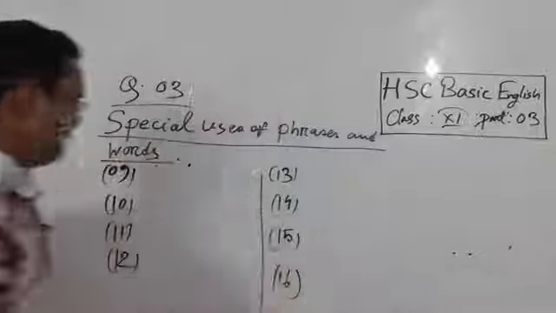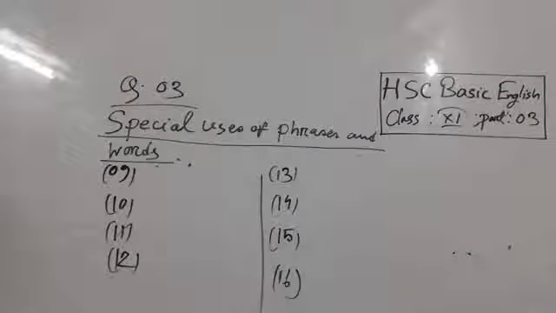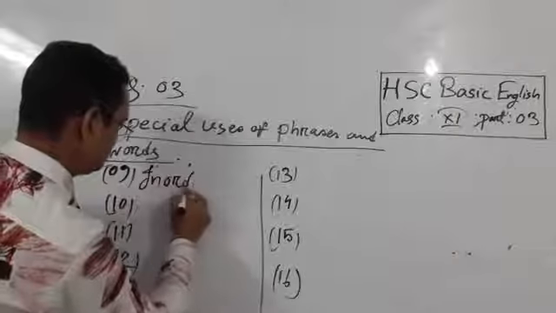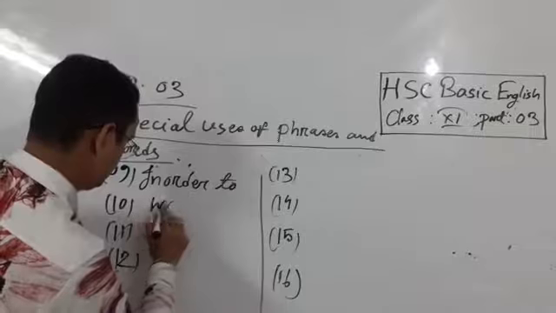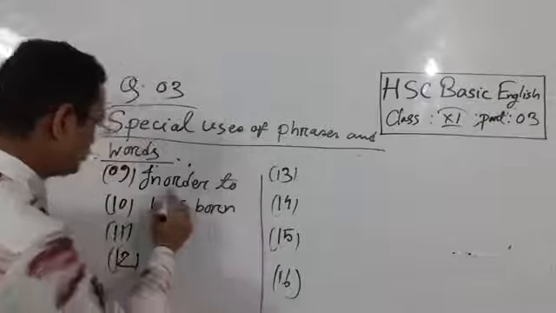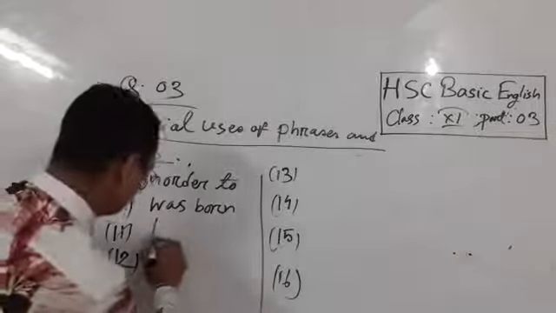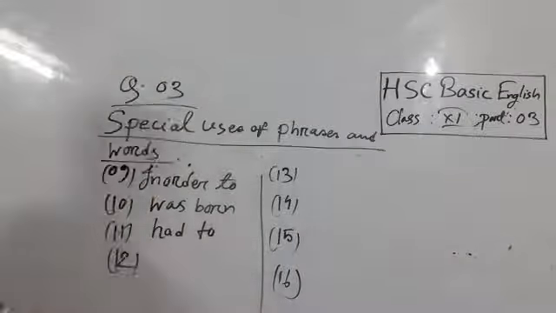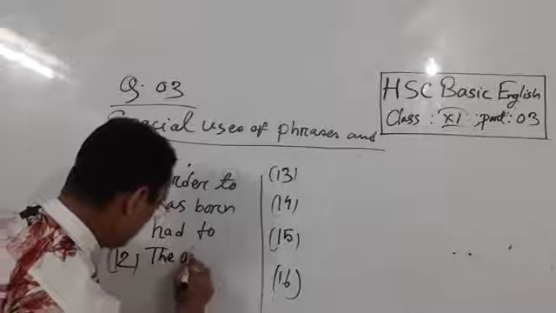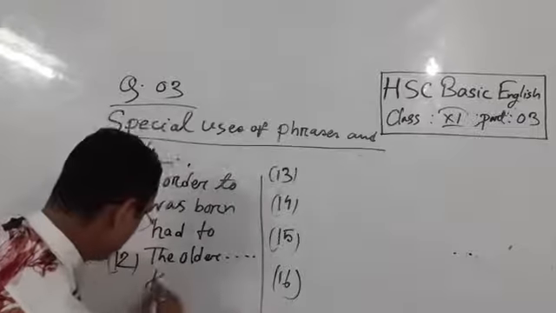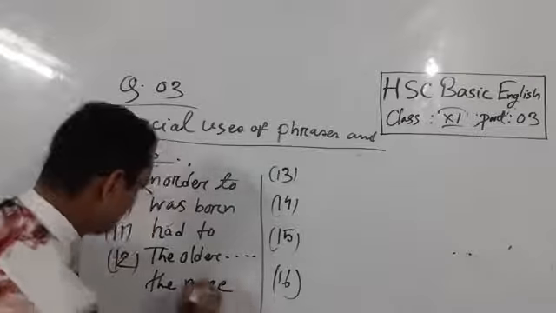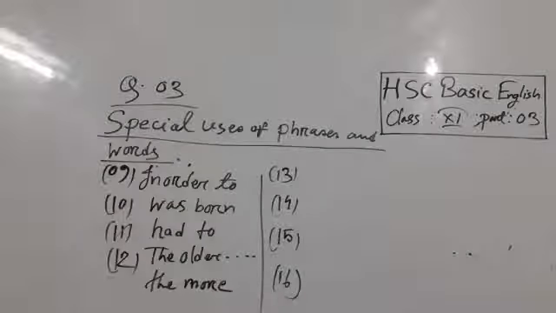Number 9, in order to, was wrong, has to, and 12th number, the older the more, and 13 number, whenever.